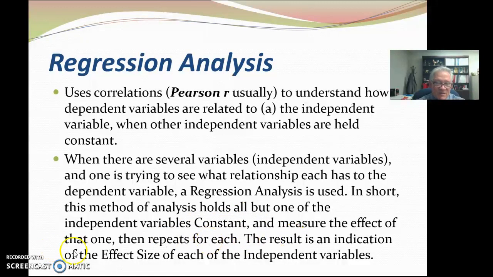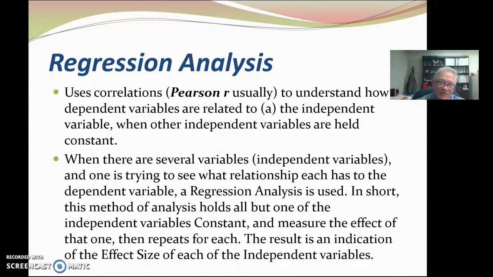The result is an indication of the effect size of each of the independent variables. So you might get different Pearson r's, that is, different correlation coefficients for each of those things. You might see that the teacher is related to achievement at a 0.45 correlation, access to technology might be 0.35, and the classroom environment might be 0.15.